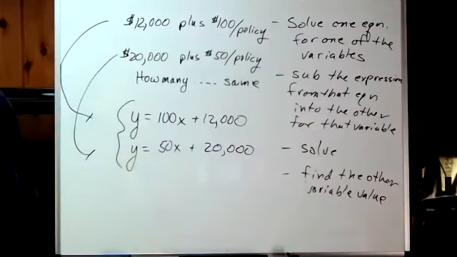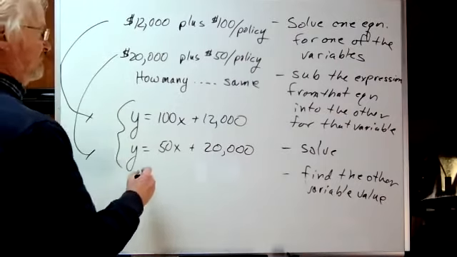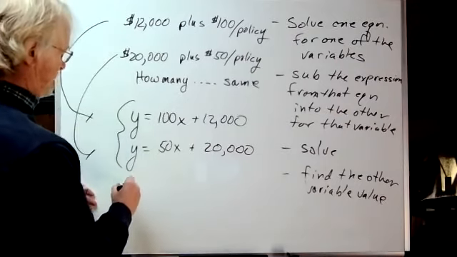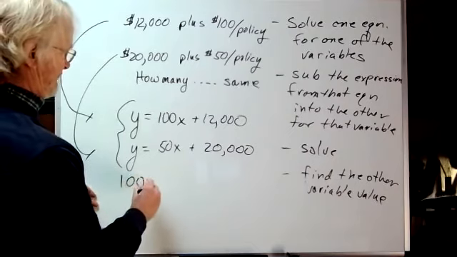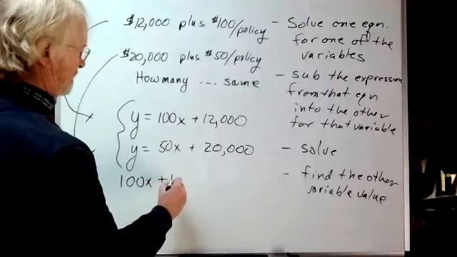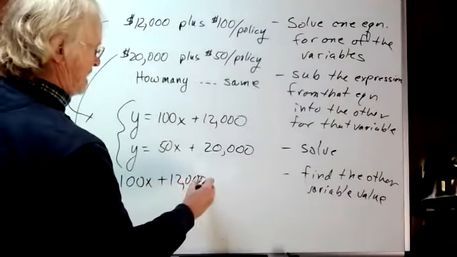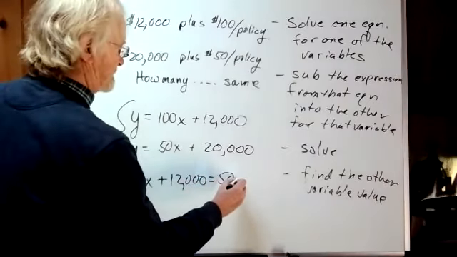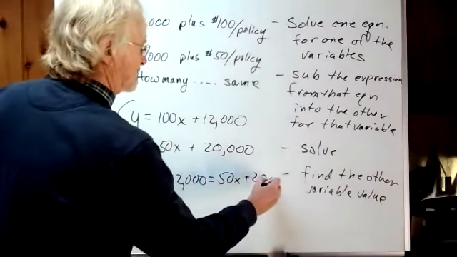But y equals y. Set them equal to each other. 100x plus 12,000 has to equal 50x plus 20,000.